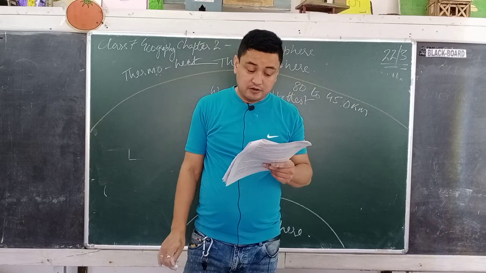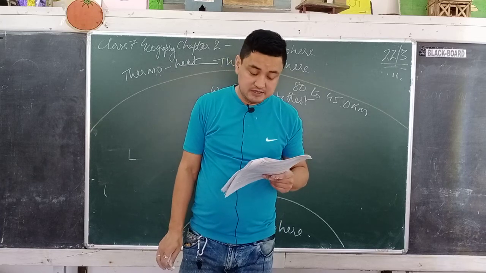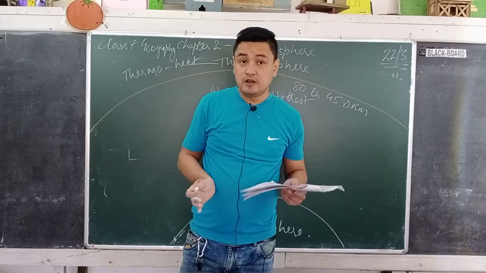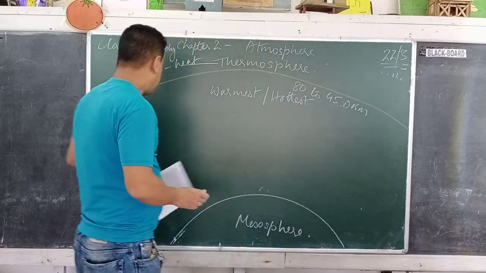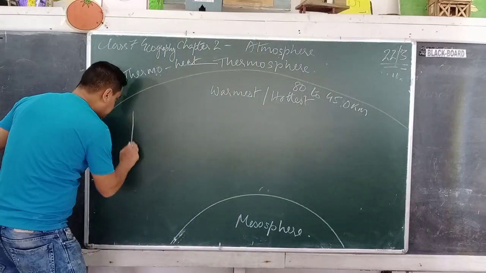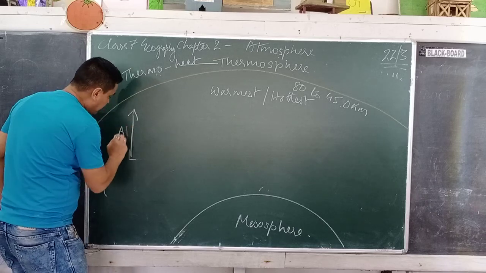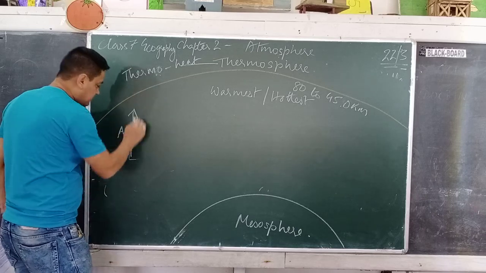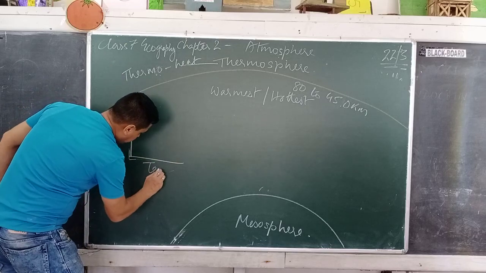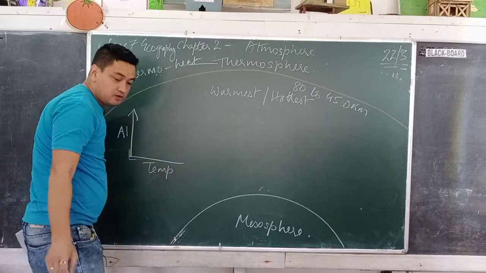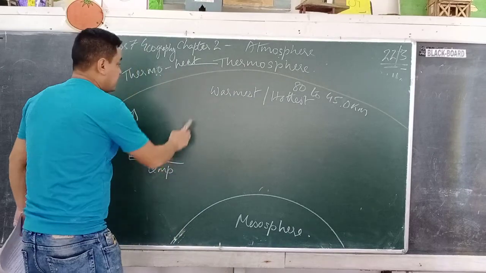The temperature increases with height in this layer because it is the hottest layer. As the altitude increases, so I am writing AL for altitude, the temperature also increases because this layer is the warmest.